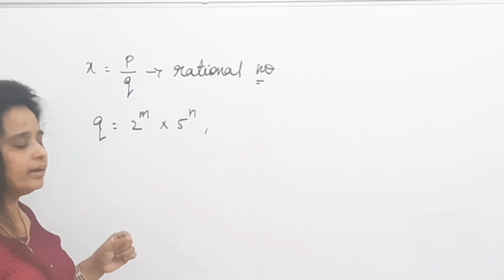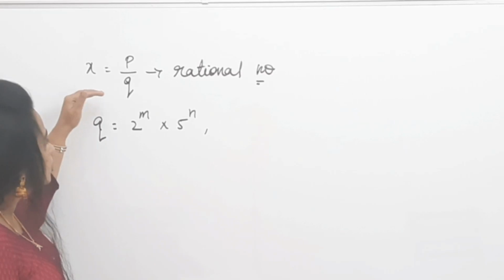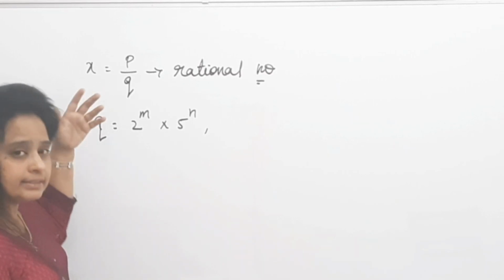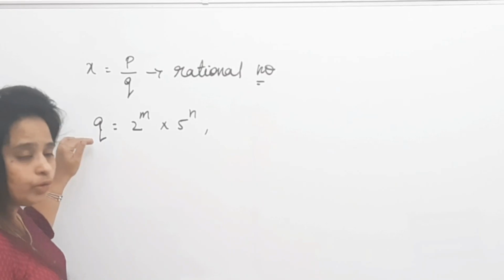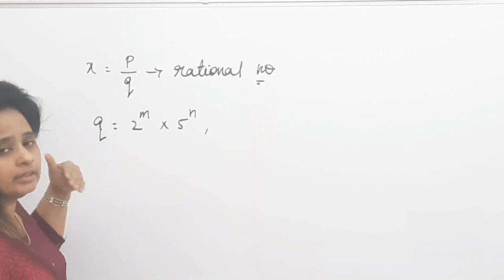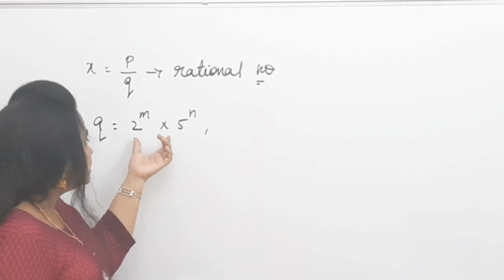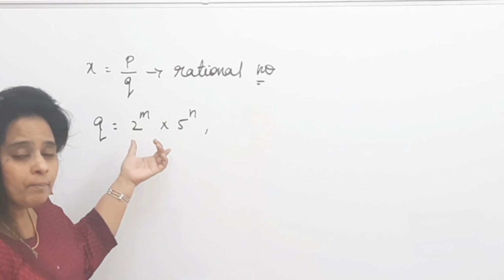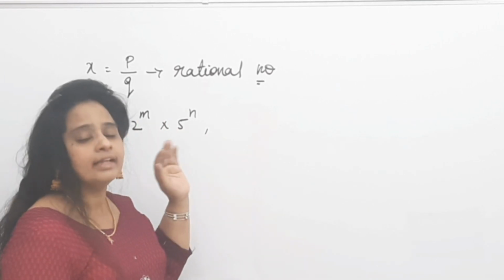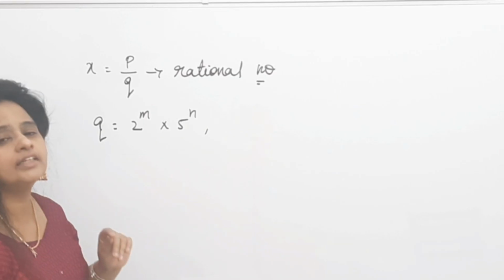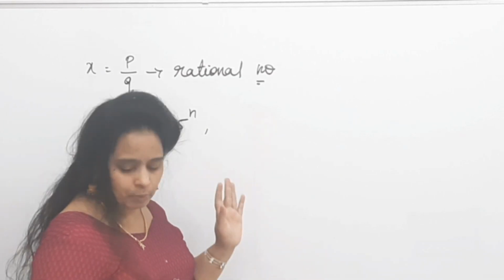So when x is equal to p by q and it is a rational number, if the denominator q has prime factorization 2 power m into 5 power n, then x will have a terminating decimal expansion.